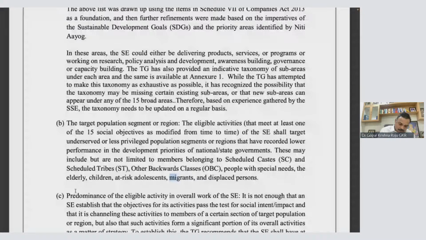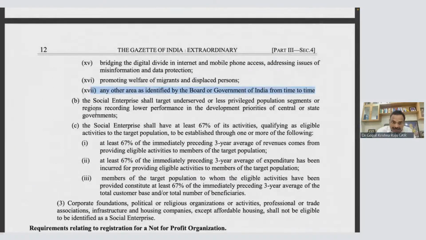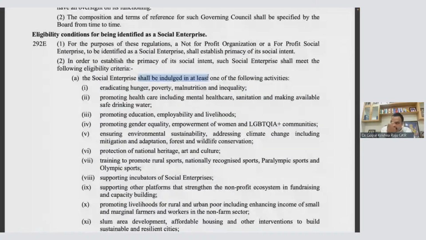So first is eligible activities. Second is target. Okay. Look at this. So the social enterprise shall target. Okay. So shall be engaged in at least one of the following activities. So it should be eligible in one of these activities. At least one. So that is why eligibility will come first. So E, eligibility.